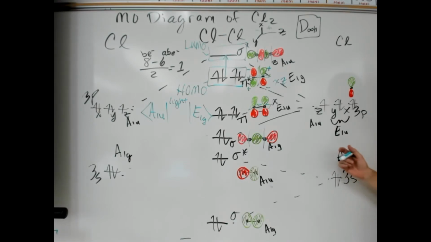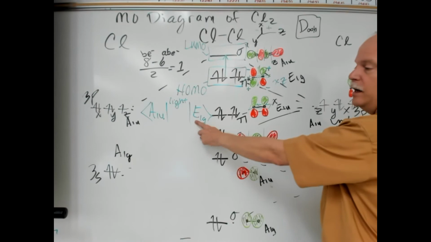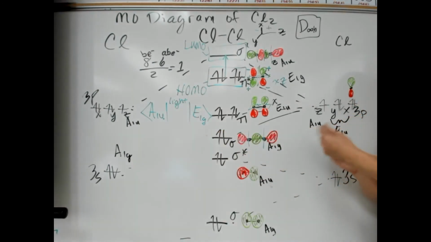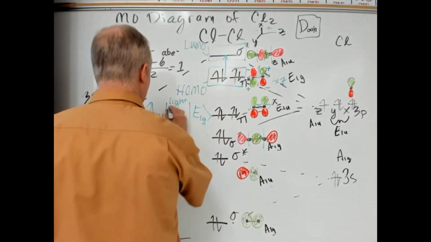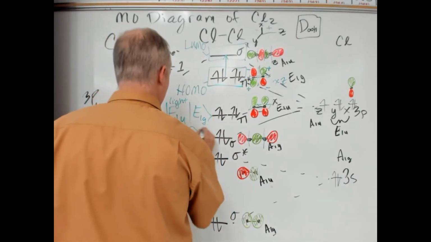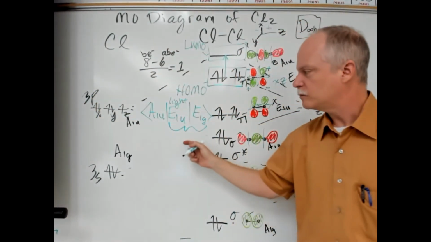So let's try the X and Y, because I've got E1 and I've got an E1 here, and I know that E1s times E1s will give us the top row. So let's do E1, E1U.